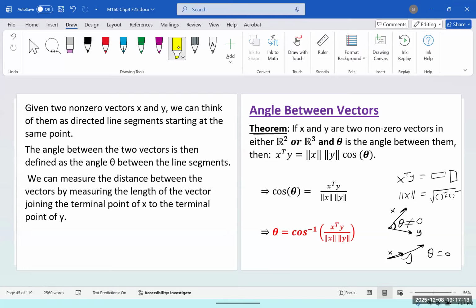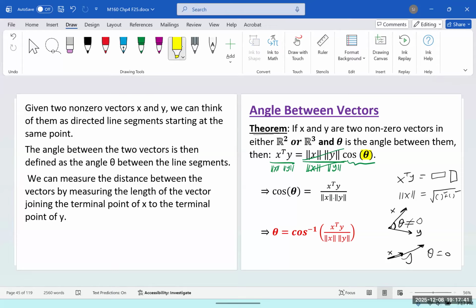Since our goal is to find the angle between them, we need to divide both sides by the norm of x and norm of y. If you do that, then we get cosine of the angle is x transpose y divided by the product of norm of x and norm of y.